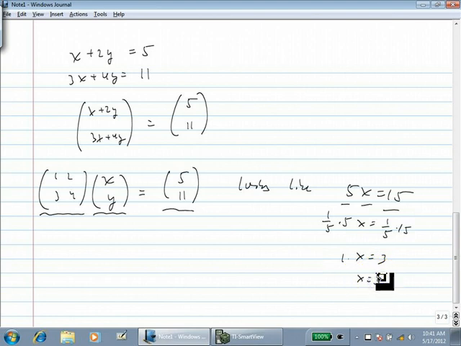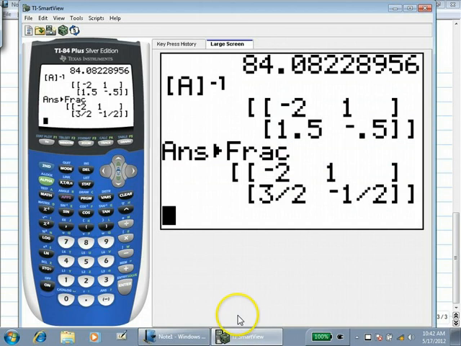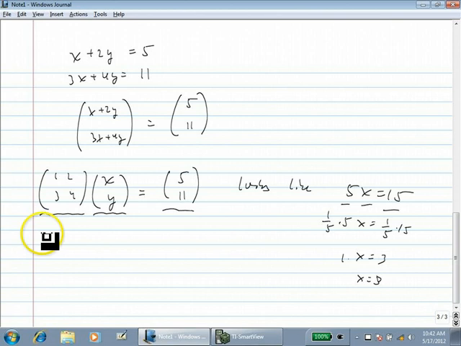Well, the same thing is going to happen with matrices. If I knew how to find the inverse of 1, 2, 3, 4, which we've established now was minus 2, 1, 3 halves, minus 1 half, I can put that on both sides of this equation.